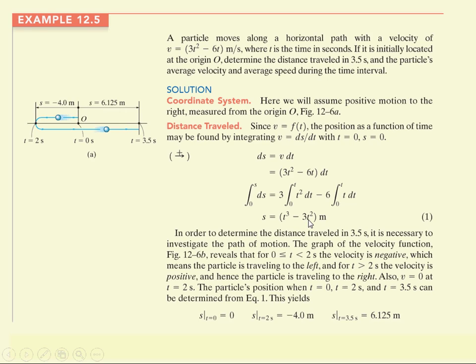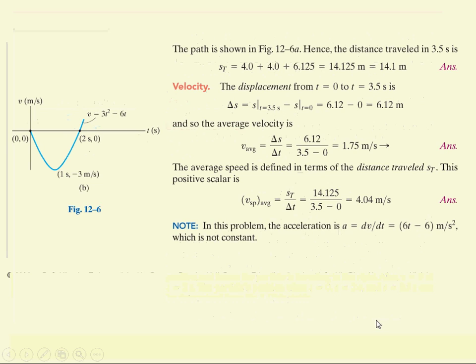If this is 2, then s when t is 2 seconds is minus 4 meters, and when t is 3.5 it will be 6.125. So that is the path that is shown in this figure, 12.6a.